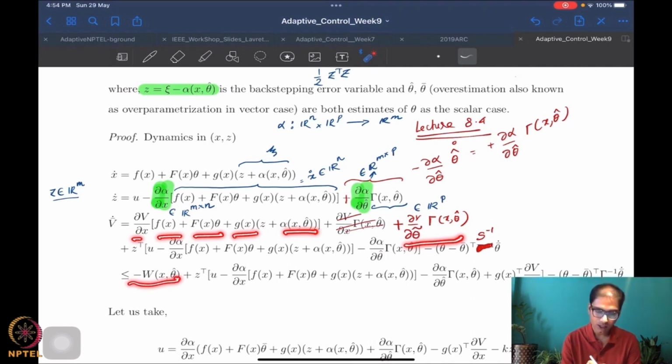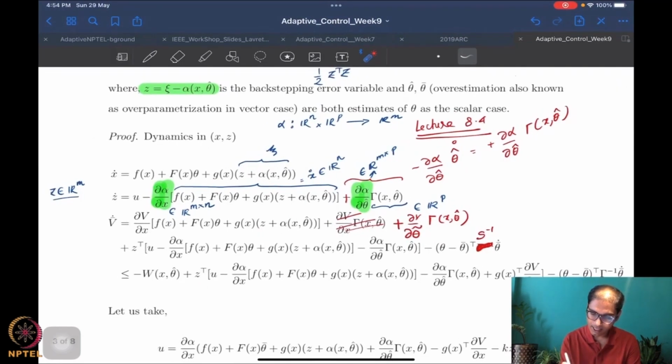And that's what we do, and then we pull this piece out. This piece is the only thing that's remaining, right? So if I take this out, I have a z transpose, and that shows up here. The only thing that's remaining is this piece, and that becomes this guy.